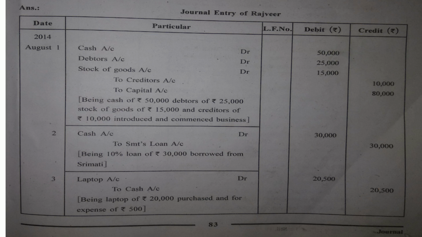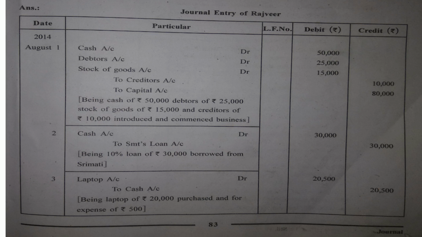Now, you might be thinking about the amount, so let me clarify it. Cash account debit 50,000 plus debtors 25,000, that is 75,000, plus stock of goods 15,000, that is 90,000. 50 plus 25 plus 15 is 90.